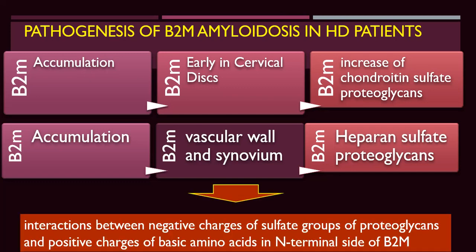As well, there are interactions between the negative charges of sulfate groups of proteoglycans and the positive charges of basic amino acids in the N-terminal site of beta-2 microglobulin. This is the affinity of beta-2 microglobulin for deposition, and specifically for the articular cartilage, due to its affinity for the chondroitin sulfate proteoglycans and heparan sulfate proteoglycans.